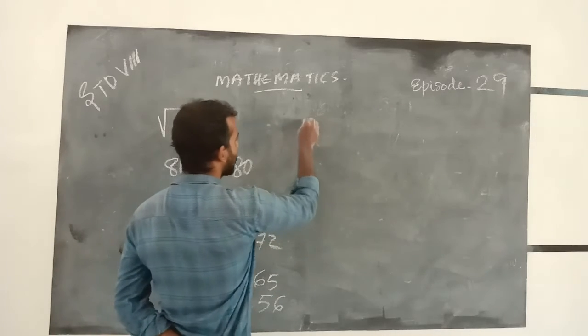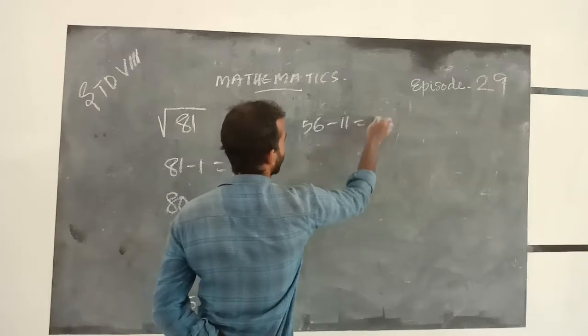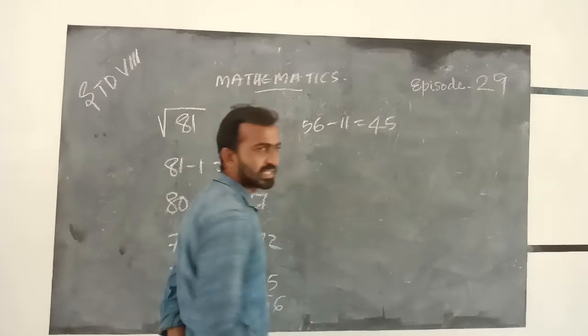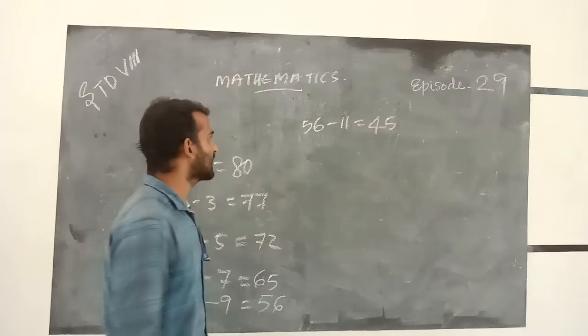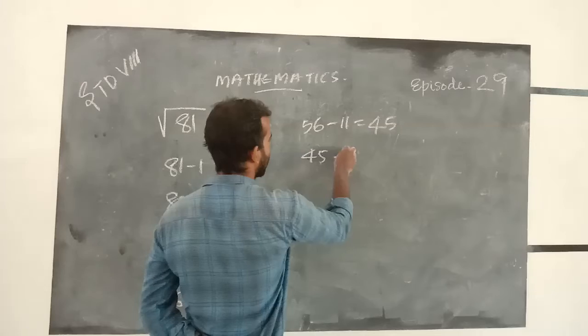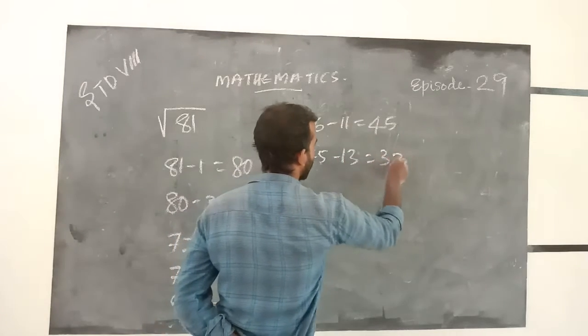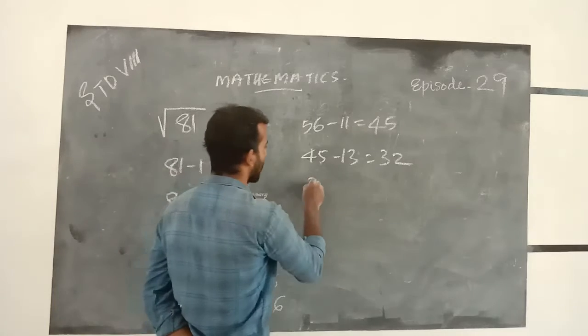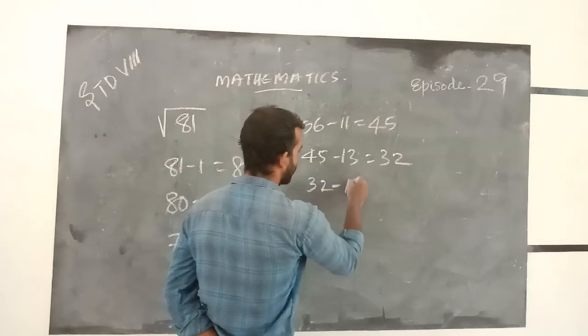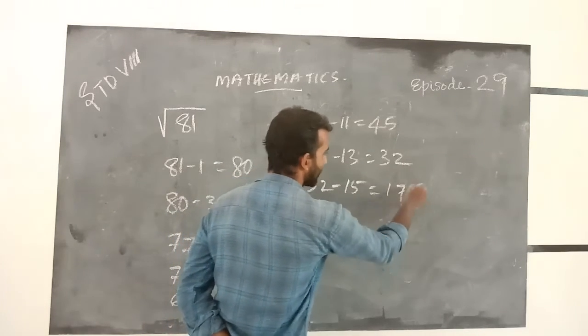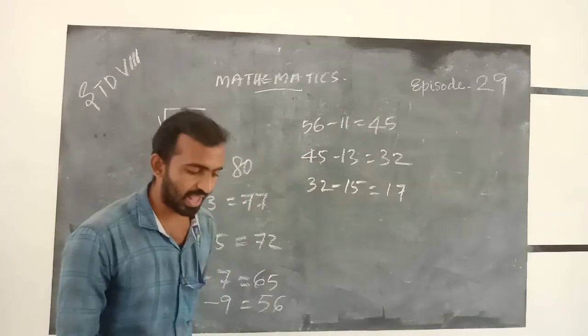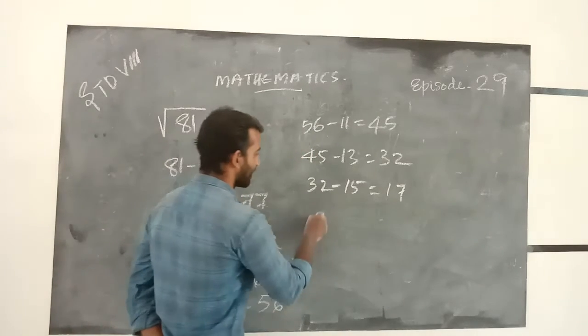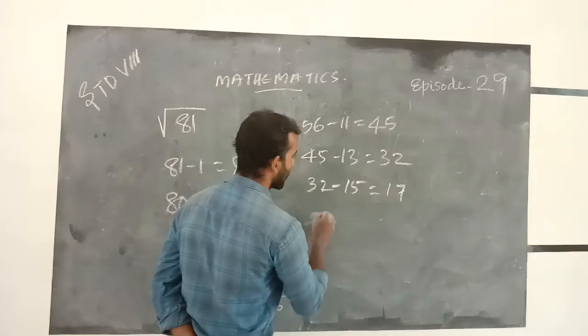Next 56 minus 11 we get 45. And next 45 minus 13 we get 32. And 32 minus 15 we get 17. And next we get 17 minus 17.